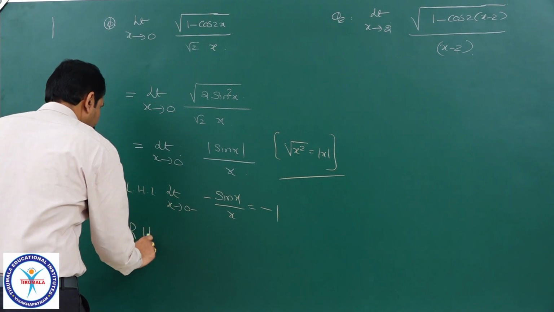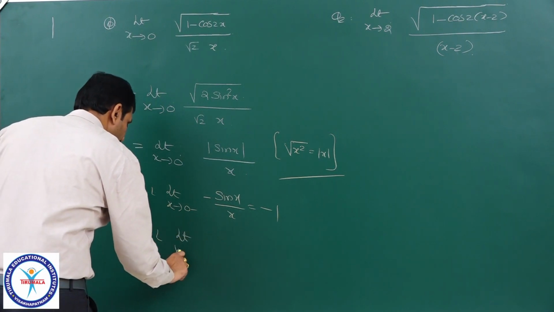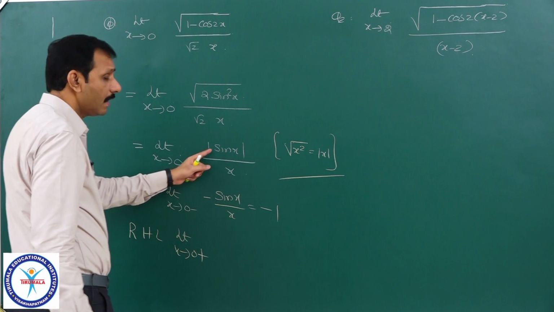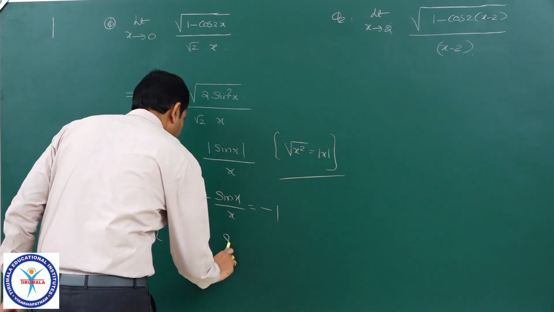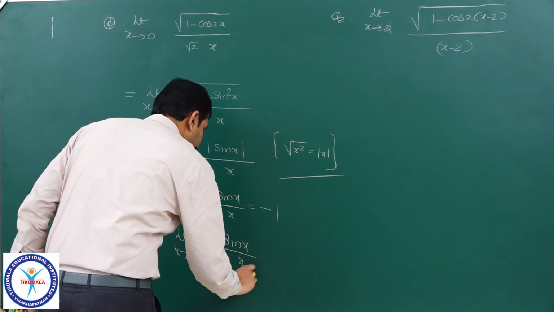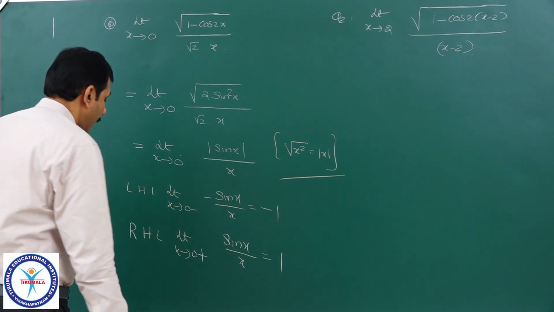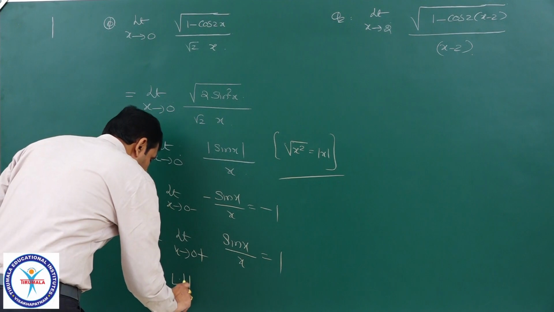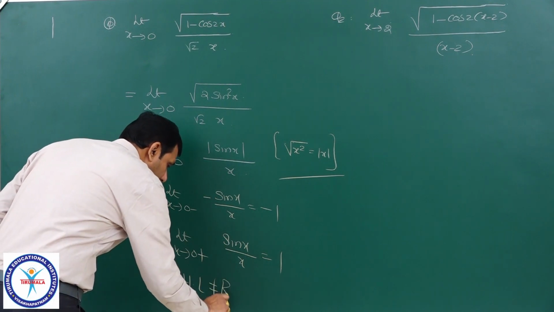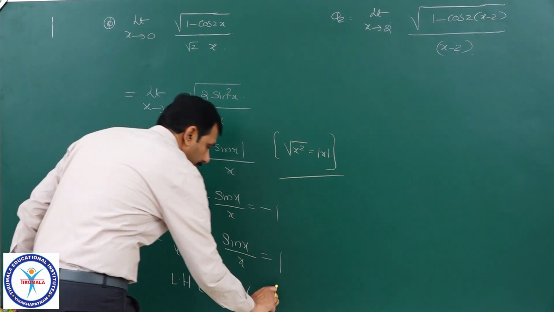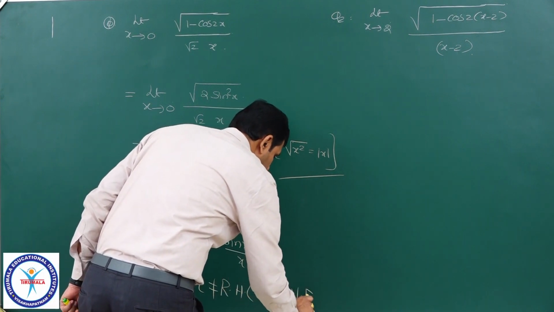Right hand limit, limit x tends to 0 plus, sin x positive, it will become sin x by x, which is equal to 1. Because left hand limit is not equal to right hand limit, we can say limit does not exist. Therefore, limit does not exist.